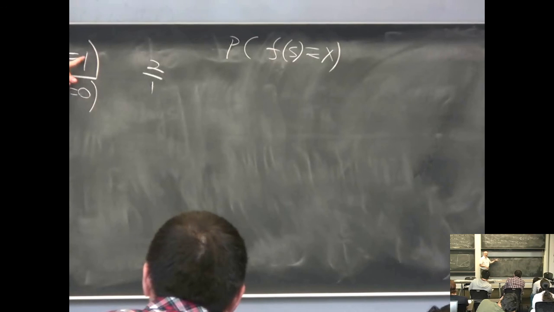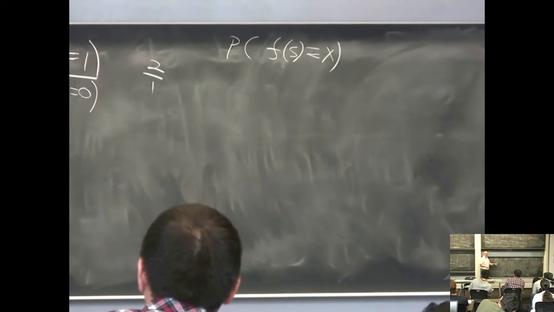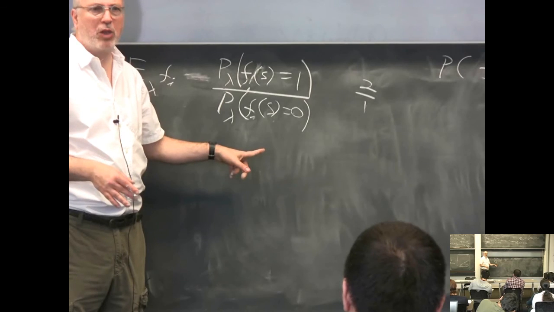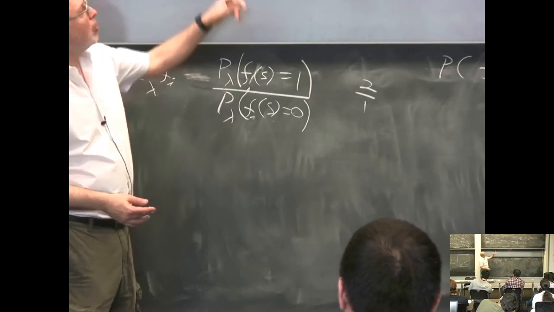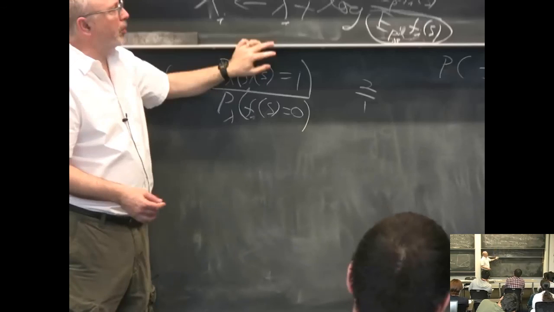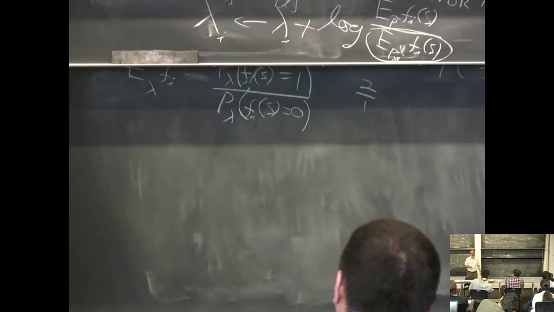I still need to show you how to estimate what this is. All I was arguing was that if I could estimate something like this and something like that, then I don't need the explicit value of Z to do the update rule. So I can go about training the model without ever knowing the value of Z.